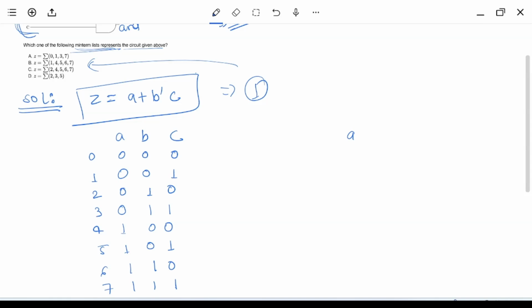Now we have to evaluate this expression wherever we put these values of A, B and C. In whatever cases we get the value 1, those will be selected.